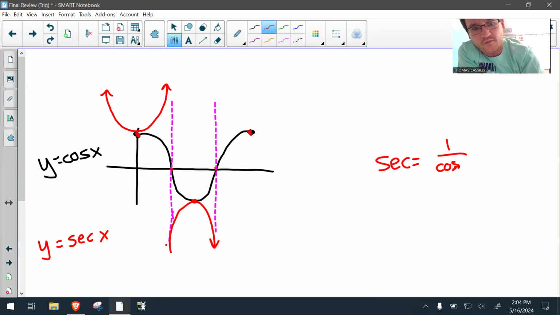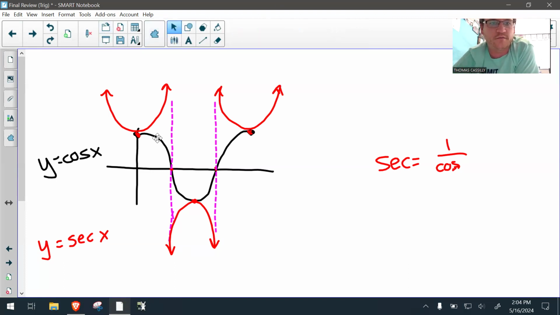It doesn't actually touch the asymptotes. Remember, it gets really close to them, but never actually touches. And that red portion is the secant. I could get rid of that black cosine area in the middle, and just what remains now is what the secant function looks like.